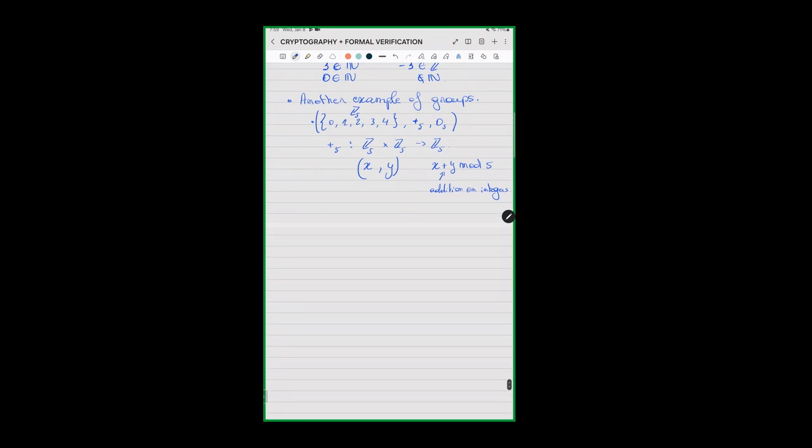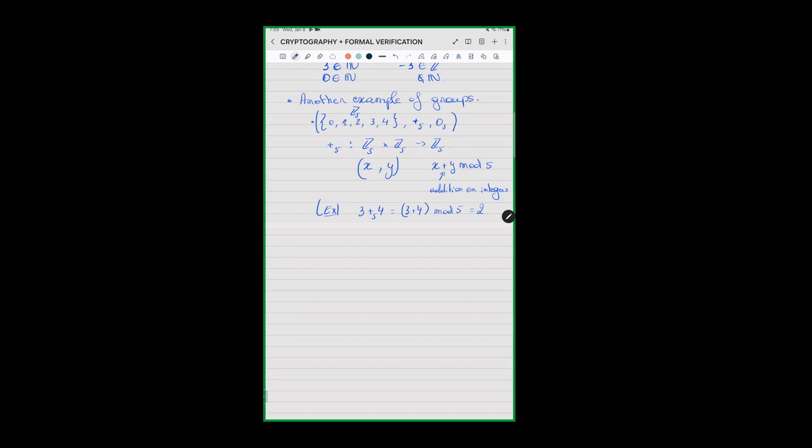Quick reminder, for example, if we take 3 plus 4, that is 7. The modulo is going to be equal to 2.